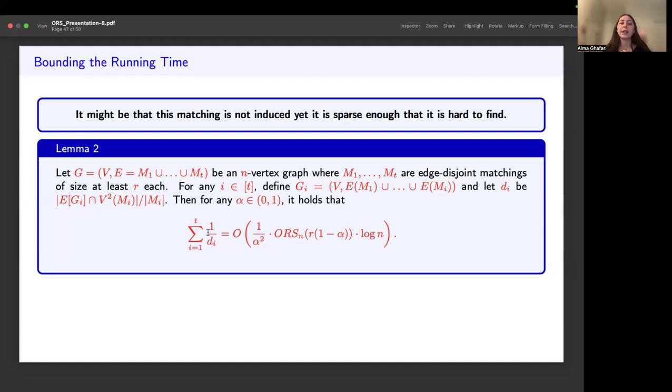Then we can bound the sum of 1 over d_i by log n times ORS of n.